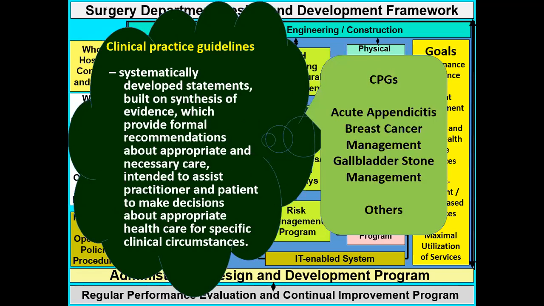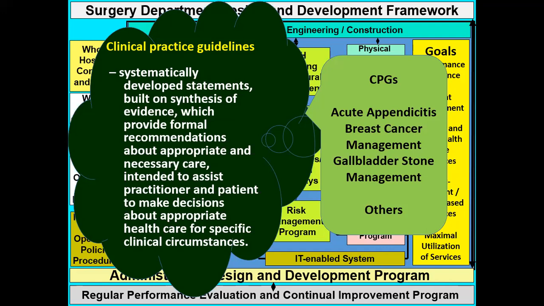Clinical practice guidelines, as a definition, are systematically developed statements which build on synthesis of evidence, which provide formal recommendations, not only recommendations, about appropriate and necessary care intended to assist the practitioners and staff to make decisions about appropriate health care for specific clinical circumstances.